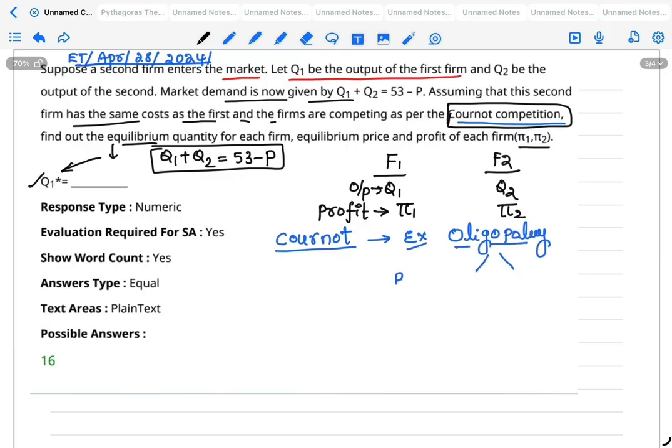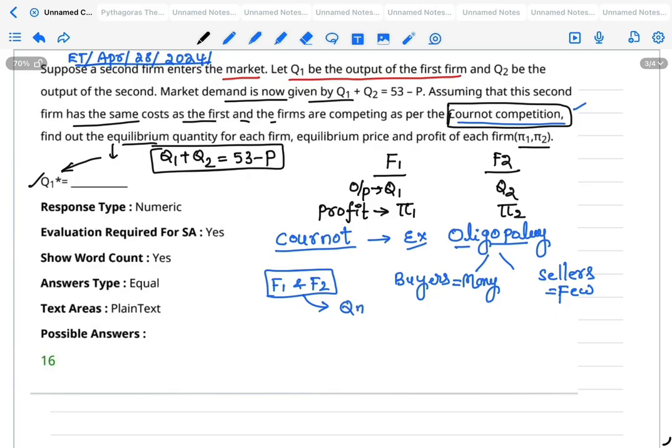In an oligopoly, buyers are many and sellers are few. The two firms F1 and F2 in Cournot competition compete on the quantity. There is a competition between firm F1 and F2 on quantity only.